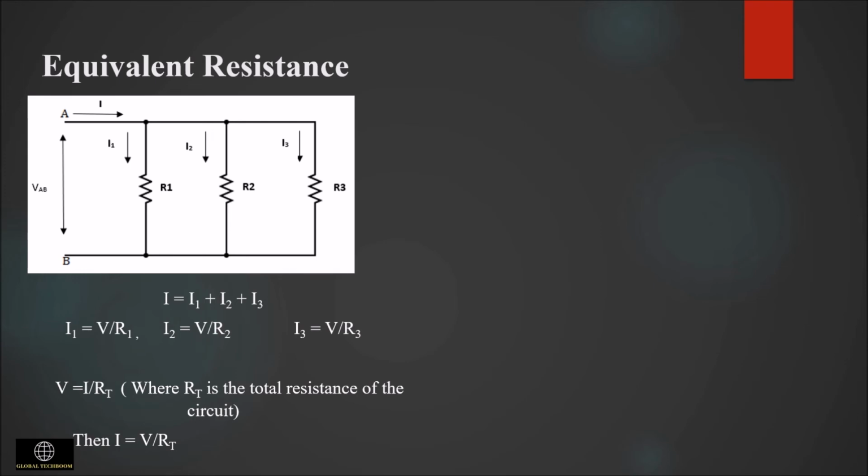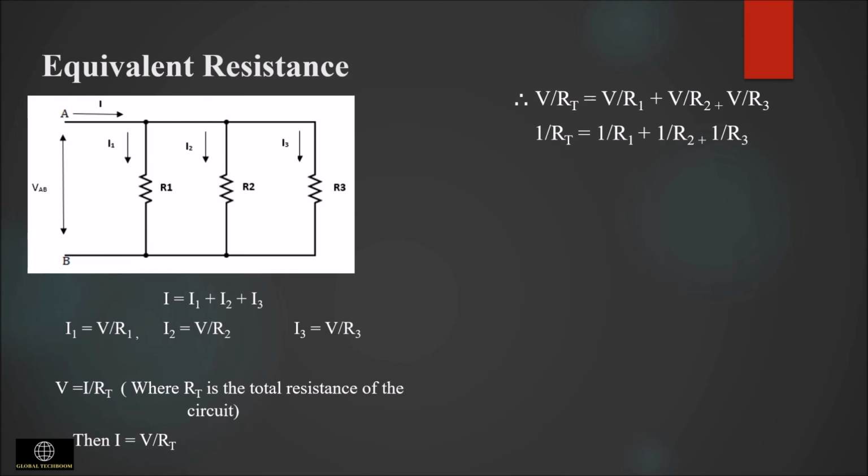And substituting all these in the equation I is equal to I1 plus I2 plus I3, we get V by RT is equal to V by R1 plus V by R2 plus V by R3. So 1 by RT is equal to 1 by R1 plus 1 by R2 plus 1 by R3.